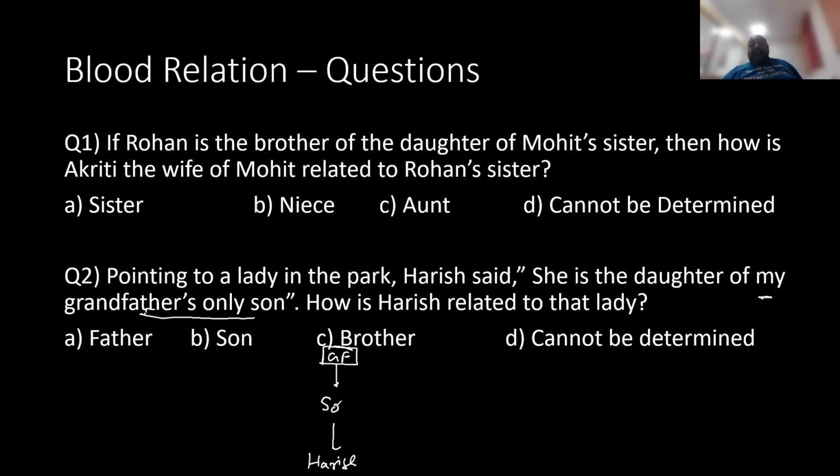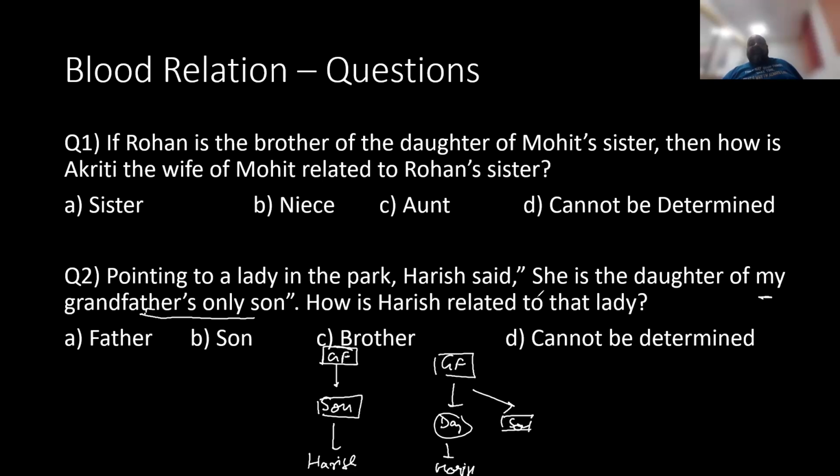Grandfather has only a son, and Harish is the son or daughter of this son. There is another possibility that the grandfather had a daughter and a son. In this case also, the grandfather has an only son. There is no limit on daughters as such, and the daughter's son or daughter was Harish.